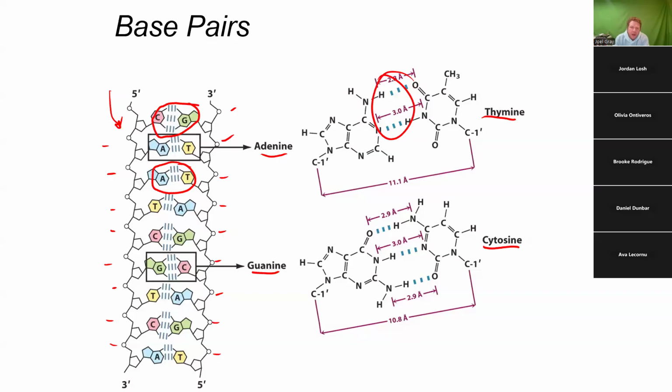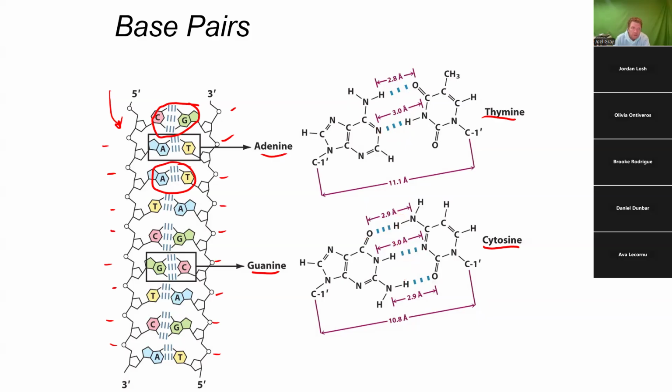Now, with that in mind, that's a constant. 3 hydrogen bonds, 1, 2, and 3, form the interaction between G and C, guanine and cytosine, and 2 form the interaction between A and T. Now, what do you think is stronger? 3 hydrogen bonds or 2 hydrogen bonds? 3. Now, is that significant?